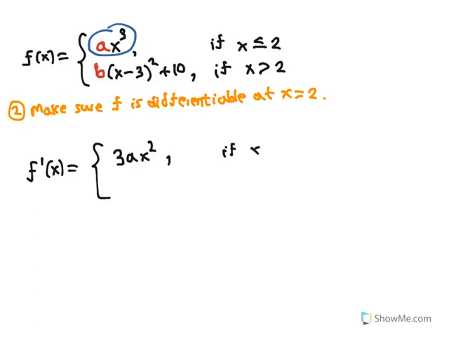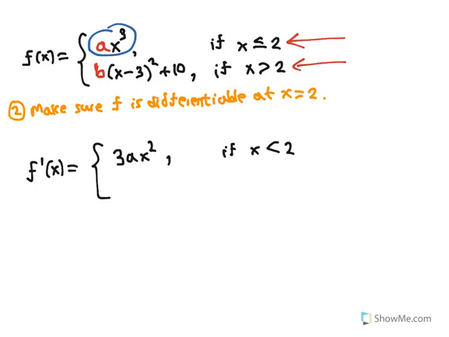And we're going to write if x is less than 2, even though in the original function it's less than or equal to 2, because we can talk about one-sided derivatives, but maybe we haven't done that, so we're just going to not consider the derivative at the end point, x is equal to 2. But of course, that's okay because we have the other piece, and that's going to also be happening at x is greater than 2. So they will come together at x is equal to 2.